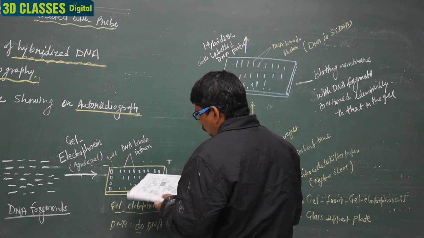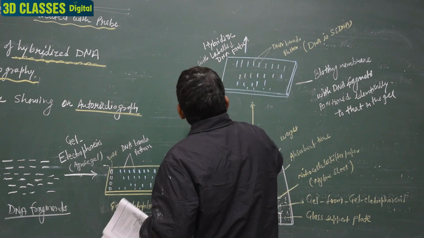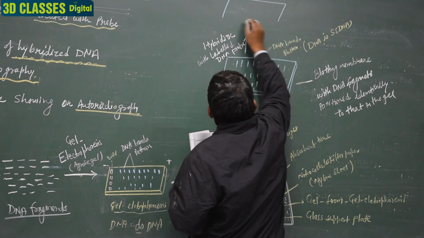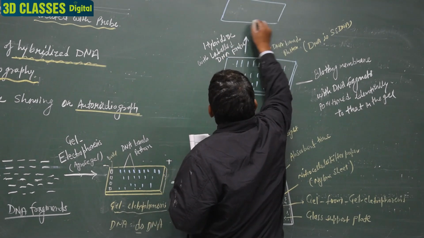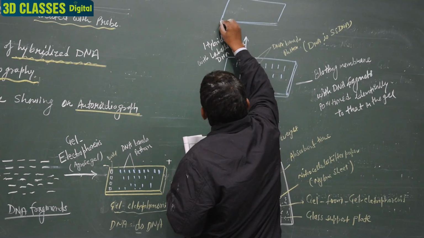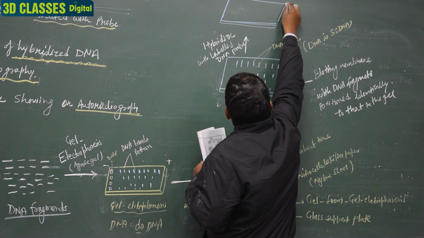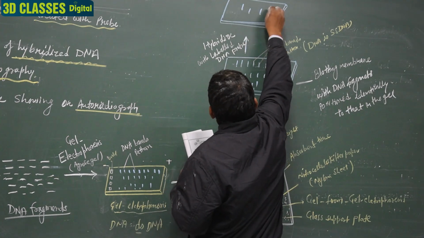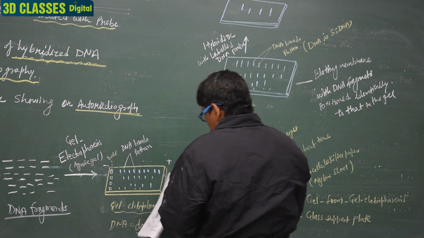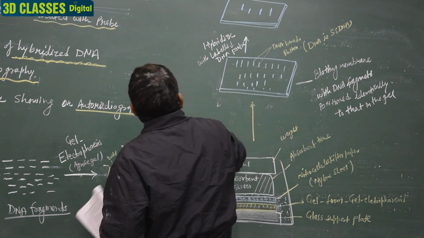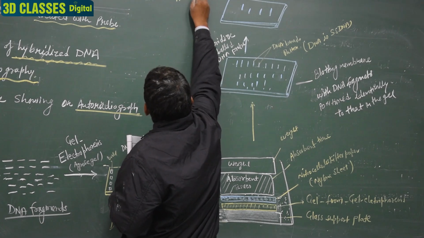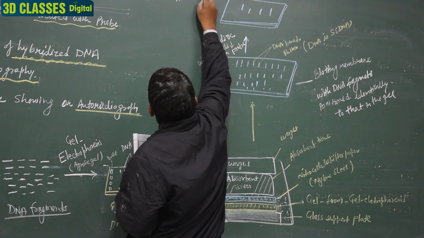Clear? And then after the hybridization, on this sheet we obtain only a few hybridized DNA segments like this, and it is known as the autoradiograph.